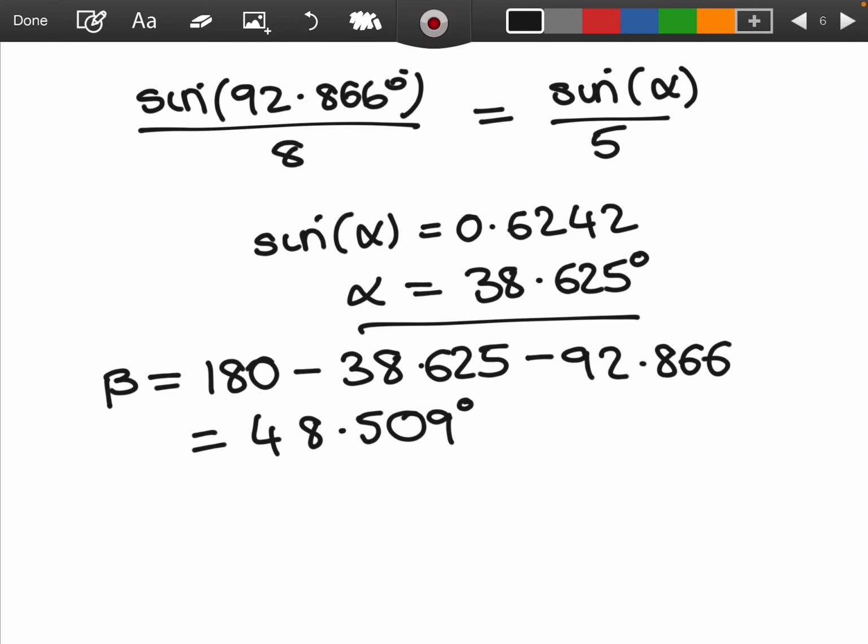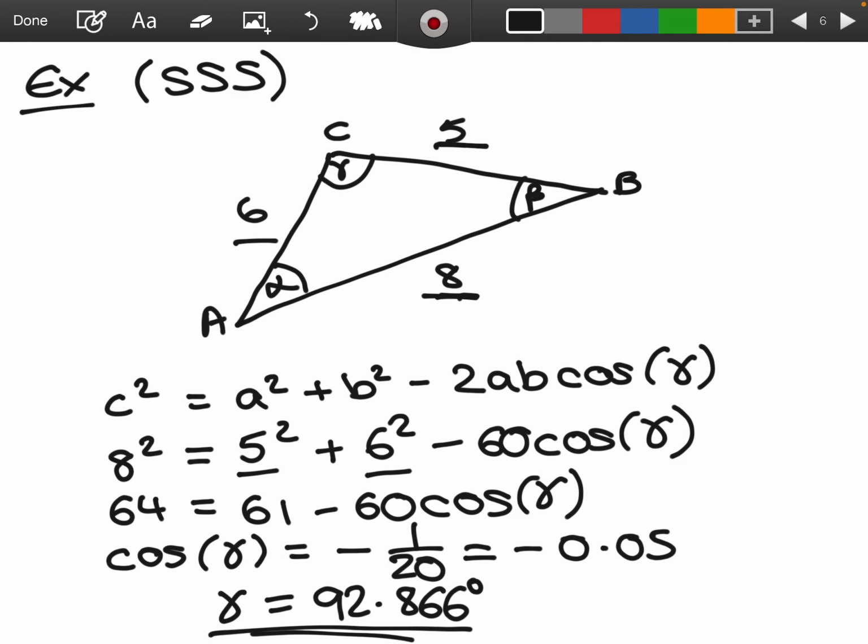But if I had a smaller angle here for gamma, I may have to check that alpha and do 180 minus that angle to see if that other angle would fit into my triangle. But in this case, I don't have to do that. So do use the things that we did in the last video in order to see if you do need that second triangle. But like I said, we don't need that here.